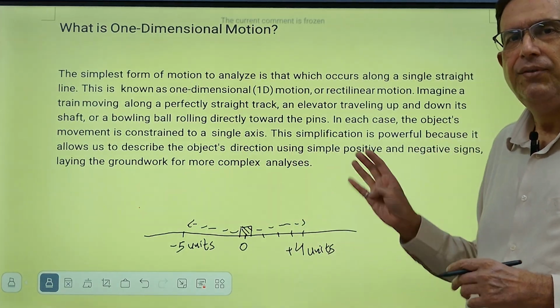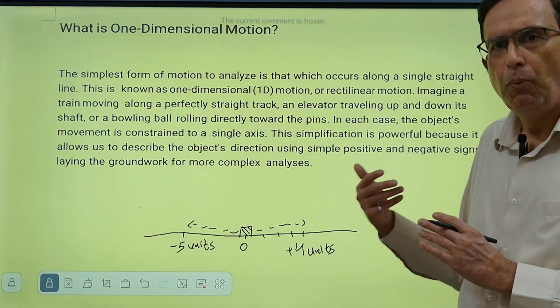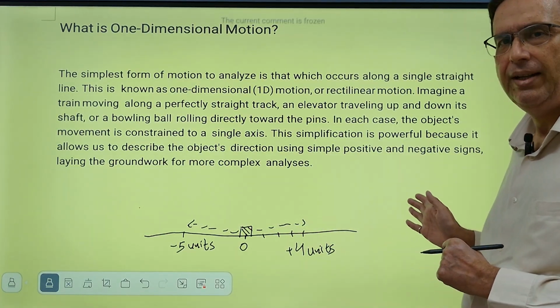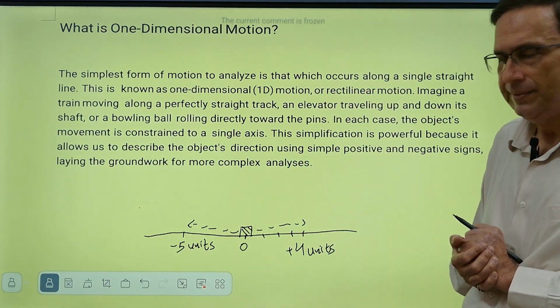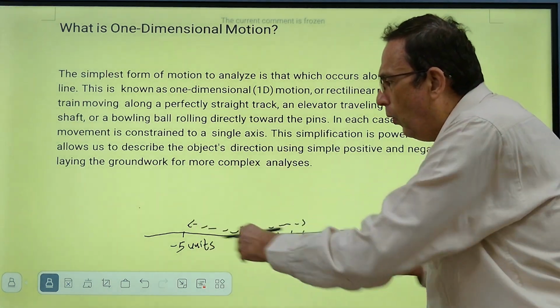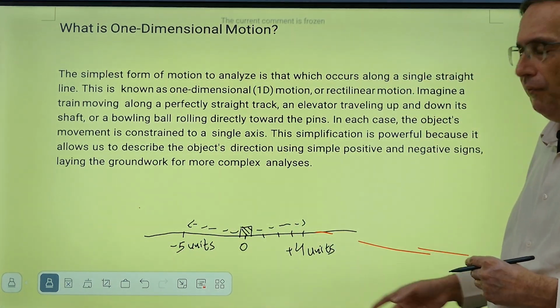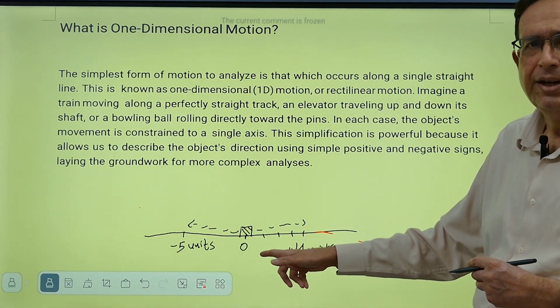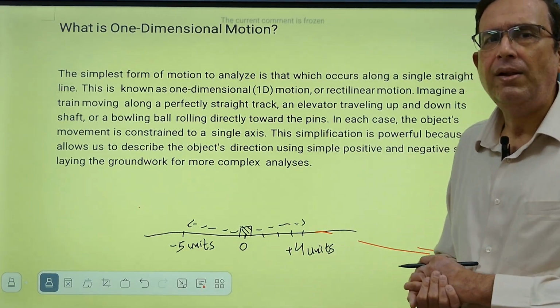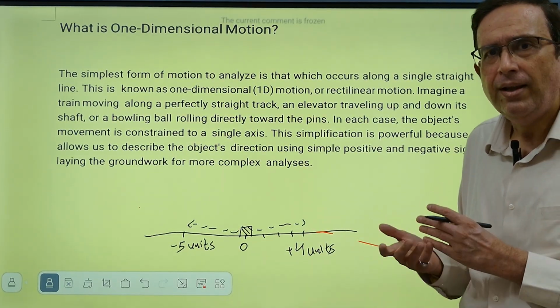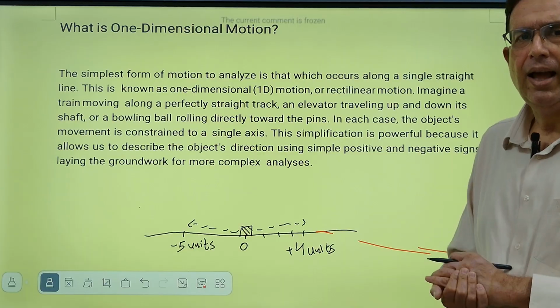In each case, we have to ascribe a sign to the motion, whether it is moving towards the right or towards the left. So this whole straight line with an origin, with an observer at an origin, that is a one-dimensional frame of reference for a uniform motion in one dimension.